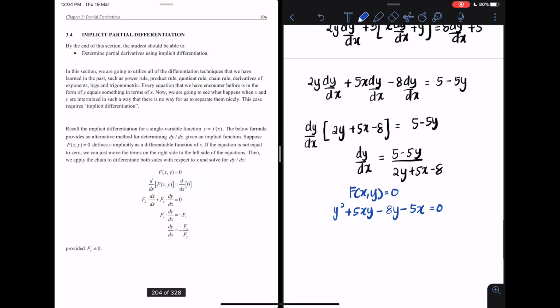Then, according to the formula that has been shared on page 194, dy dx can be determined as simple as negative fx divided by fy. So fx represent partial derivative of the function with respect to variable x, and vice versa.